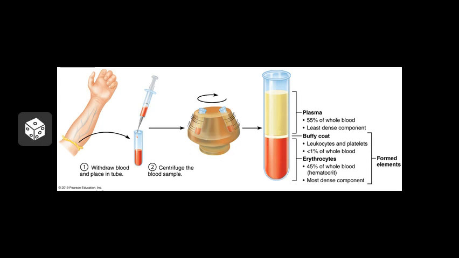And then there is something called the buffy coat. This is going to have just a little bit of leukocytes and platelets. And then at the bottom of this image are the erythrocytes, or red blood cells. About 45% of whole blood is red blood cells. It's the most dense component. Observe these images and know that we will do our version of this test in our hematology lab.